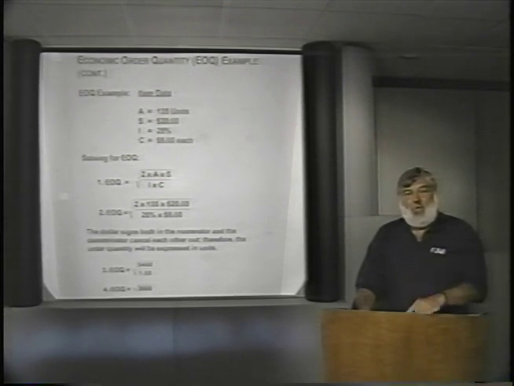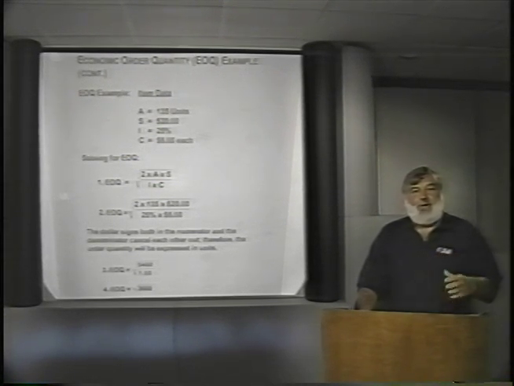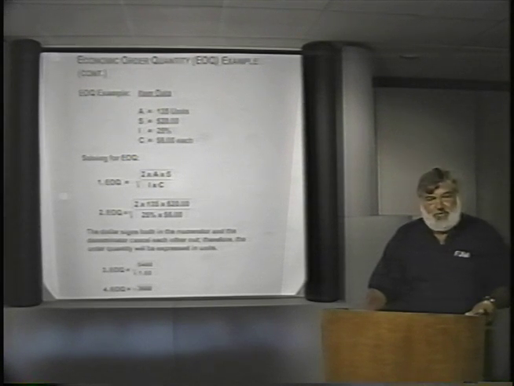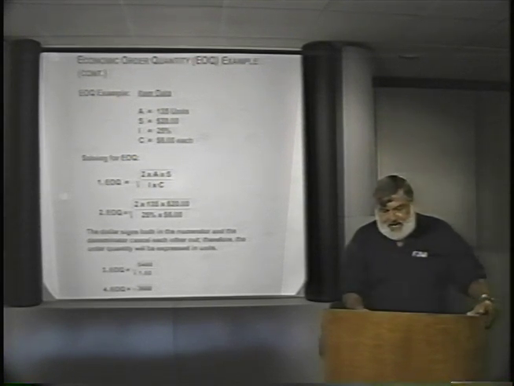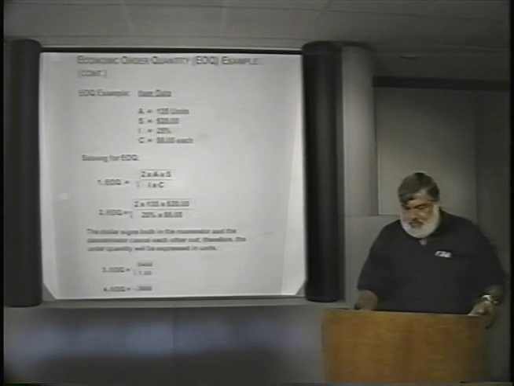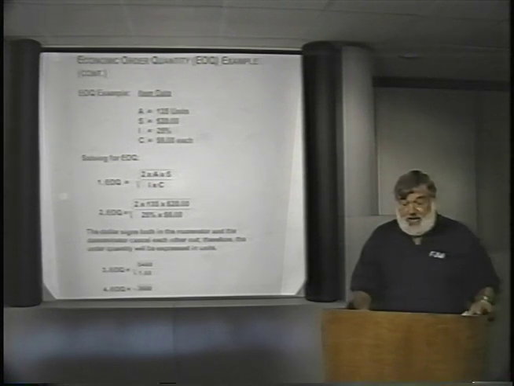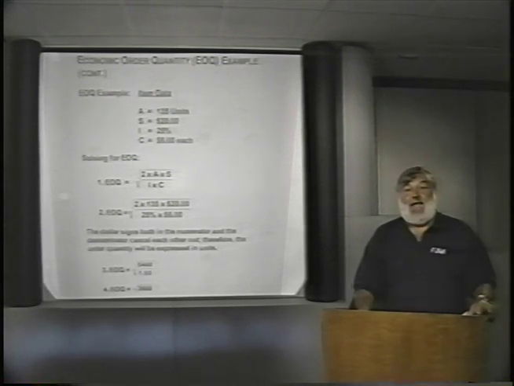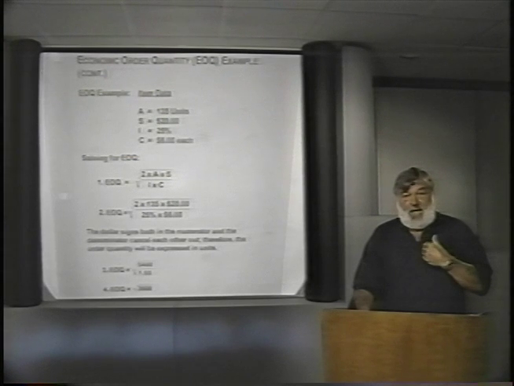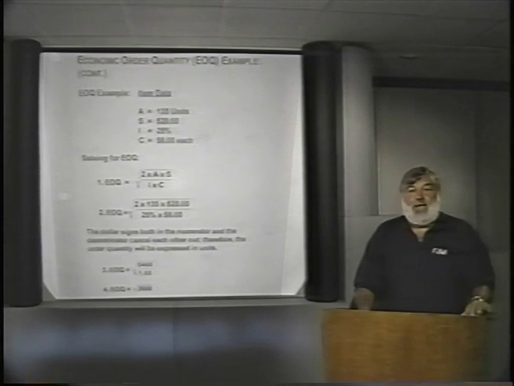The key byproduct of understanding EOQ is as follows. Always look at the order quantity and compare it to the annual usage. In this case, our annual usage is 135. 60 divided into 135 is telling me that we're going to have a little over 2 turns a year for this item.